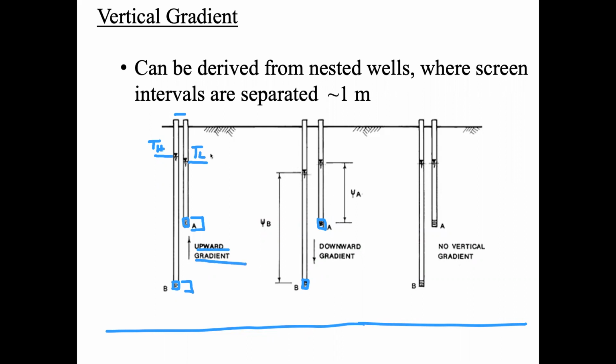Conversely, we could measure again at a different time and see that the total head in the shallower well is higher than in the deeper well, which means the gradient is in a downward direction. Finally, we can have situations where the total head in the two wells is exactly the same. Therefore, in this condition, there is no vertical gradient, meaning water is not moving up nor down based on these potentials.